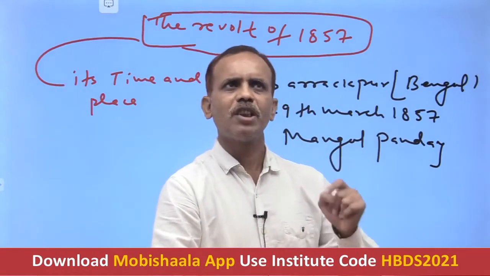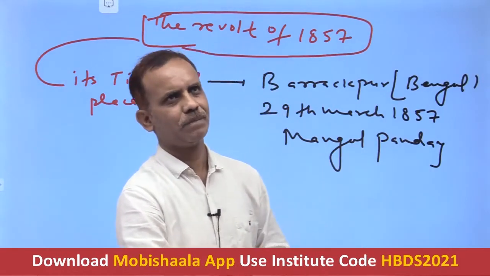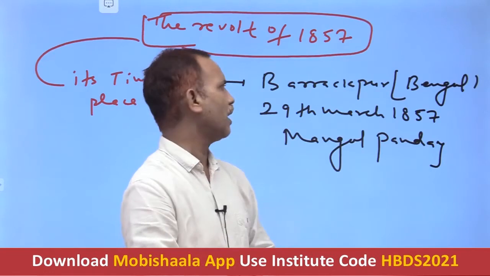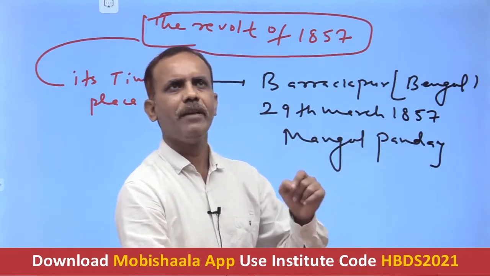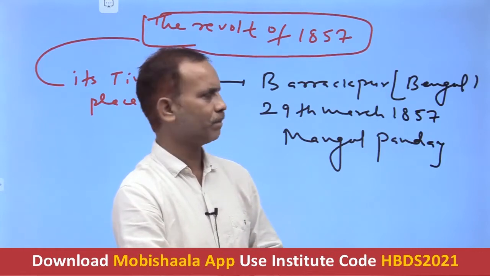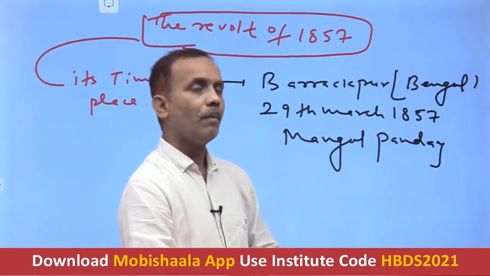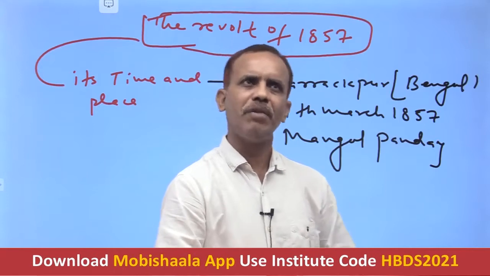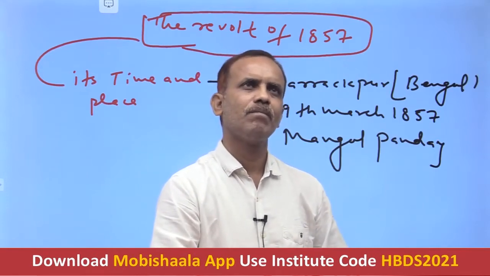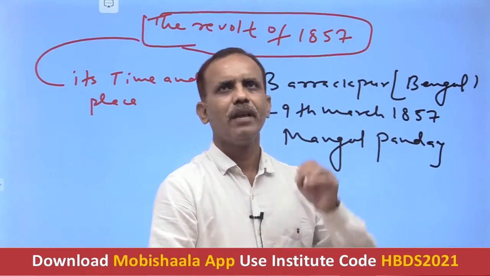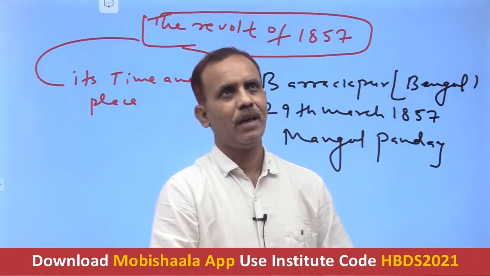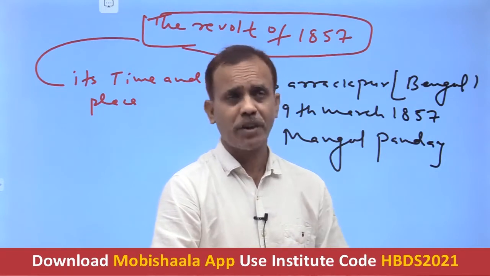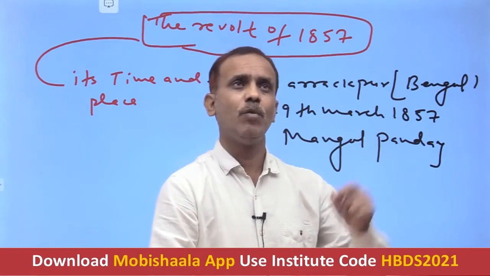And this was the first flame of this revolt that was witnessed at Barakpur in Bengal against the mighty British Empire in India. Mangal Pandey also killed his officer. But this revolt was suppressed by the British government. And Mangal Pandey was arrested and he was hanged to death.